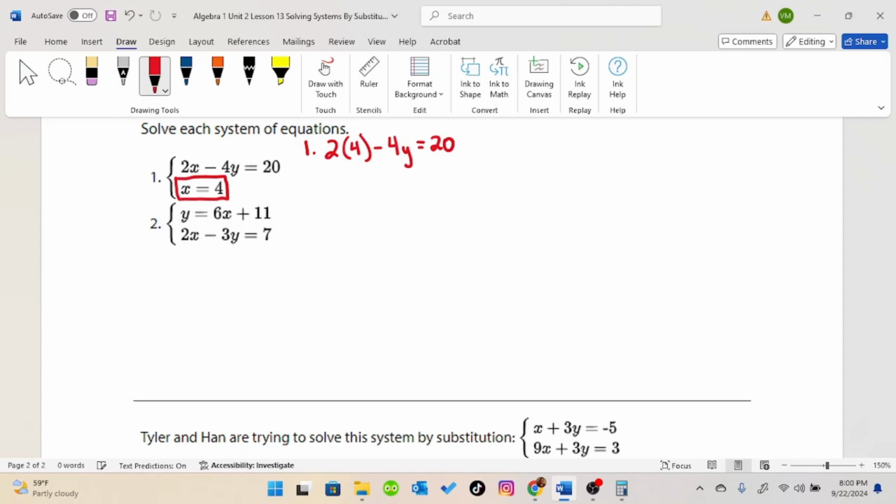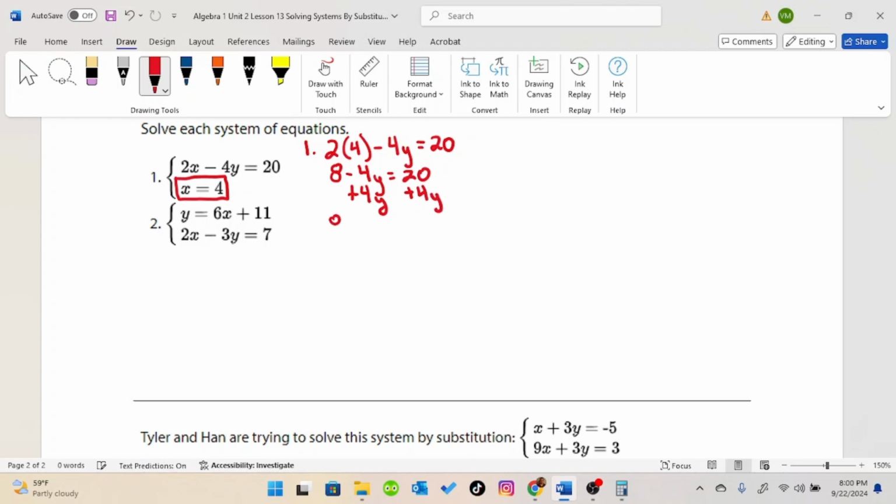Now 2 times 4 is 8. And I like to deal with positive variables, so I'm going to add 4y to both sides.